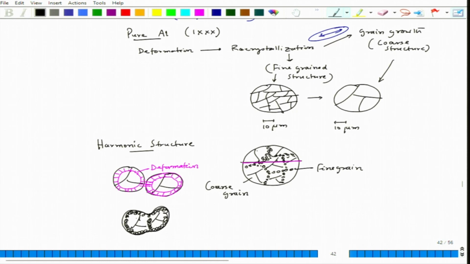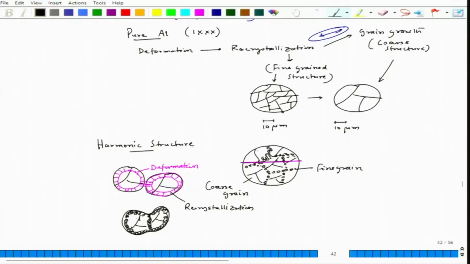That way this harmonic structure will generate. So, that means these zones will go to recrystallization, and it will have its own bimodality, that means fine grain and coarse grain, and those fine grains are appearing in a harmonic fashion across the surface and then across the sample actually. So, then we call it harmonic structure.